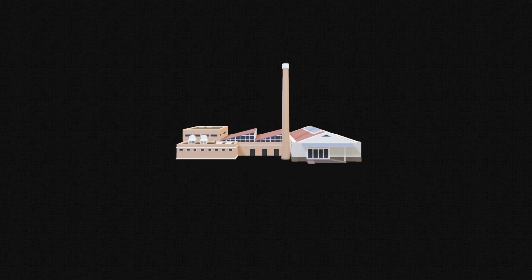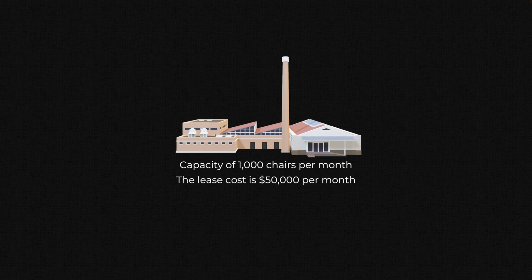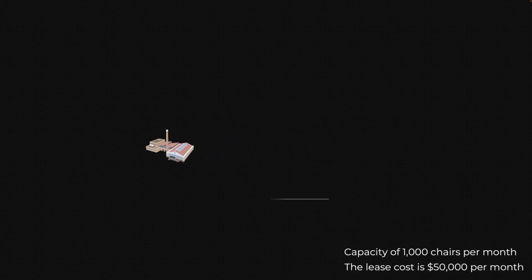Let's say that this place has a capacity of making 1,000 chairs per period, in this case, a month. And let's say the lease cost of this facility is $50,000 for the same period. Let's graph the total lease cost against the number of chairs made.